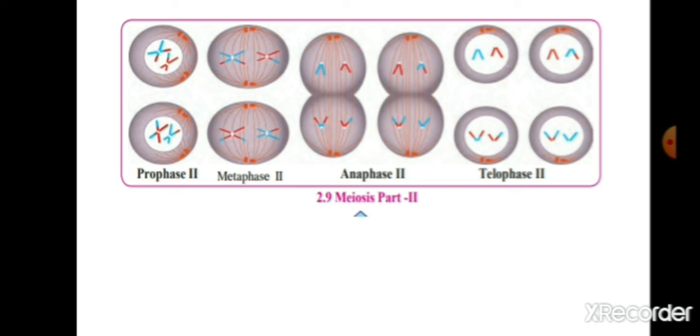The structure called synaptonemal complex develops to hold chromosomes in place during this pairing. Each chromosome's chromatid arm divides, and forms structures called bivalent or tetrad.